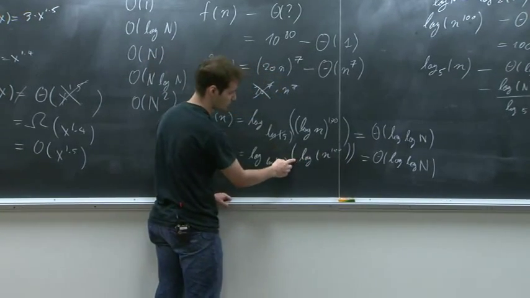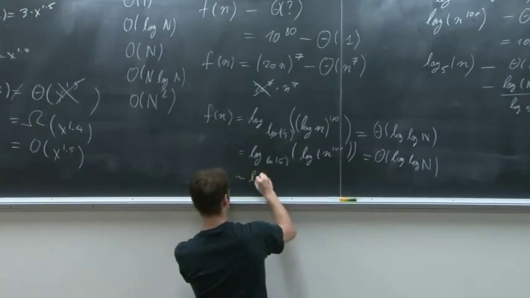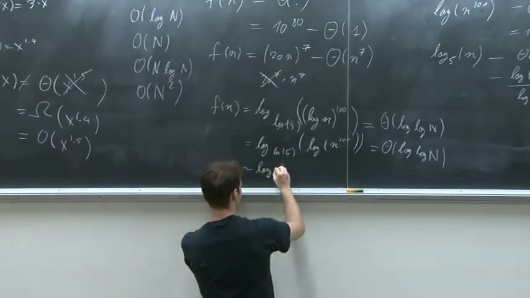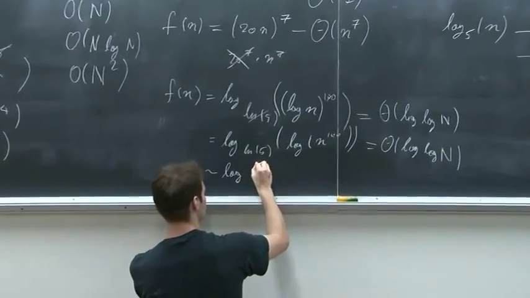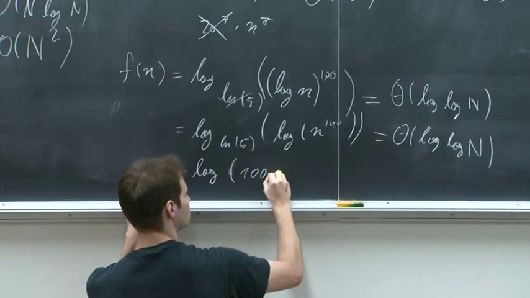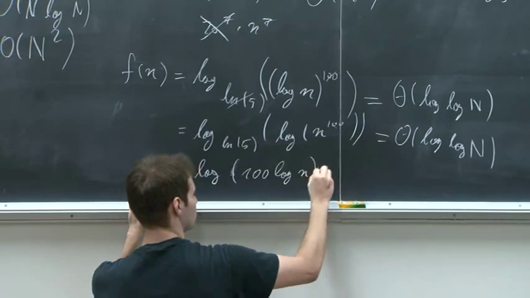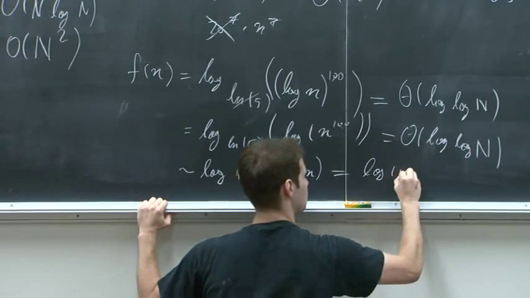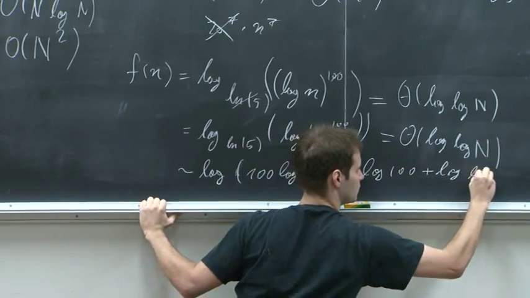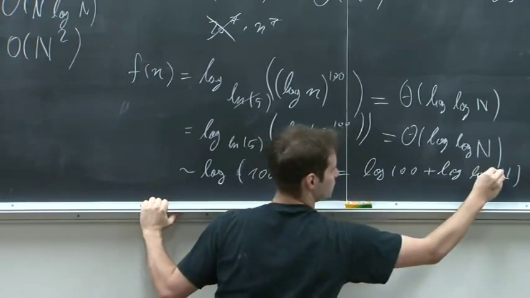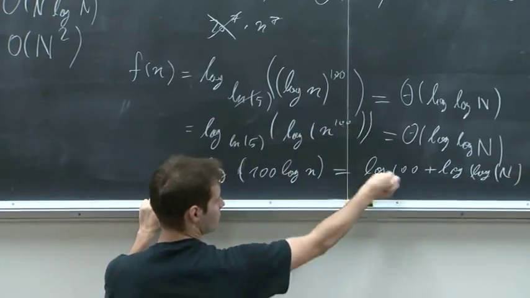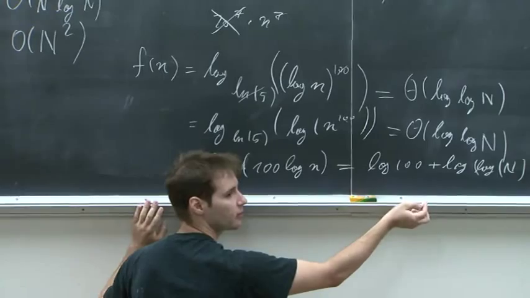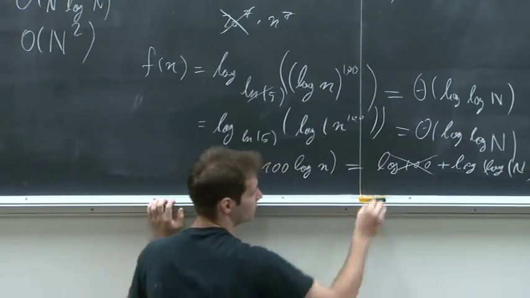But this guy now goes out here. So I will have this be sort of like, notice that I'm not saying equal. I'm saying like because I got rid of the base. So it's like 100 times log n, which is log 100 plus log n. And this is a constant factor. This grows as n grows. So this is going to become incredibly small as n becomes larger and larger, so I can get rid of it.